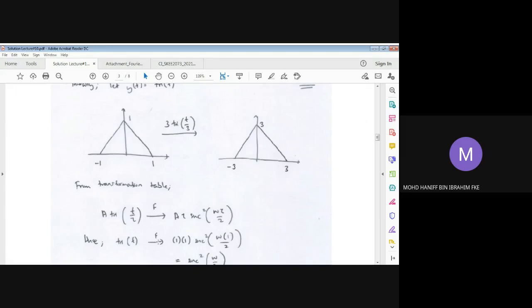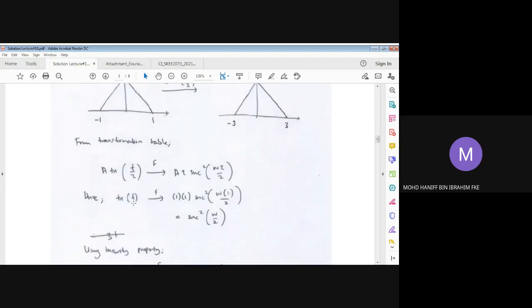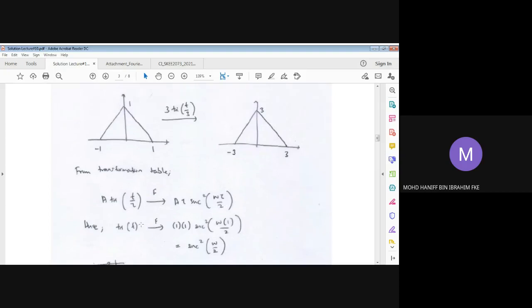When we have the original triangular function, where A and tau are both equal to 1, we get triangular t, and its respective Fourier transform is simply sinc squared of omega divided by 2. From this triangular t, we can find the Fourier transform for this signal.